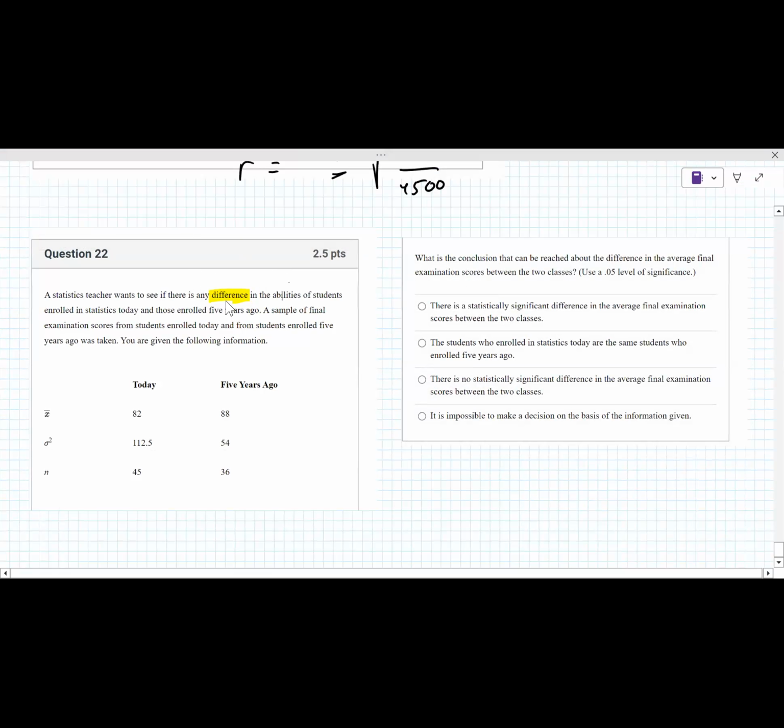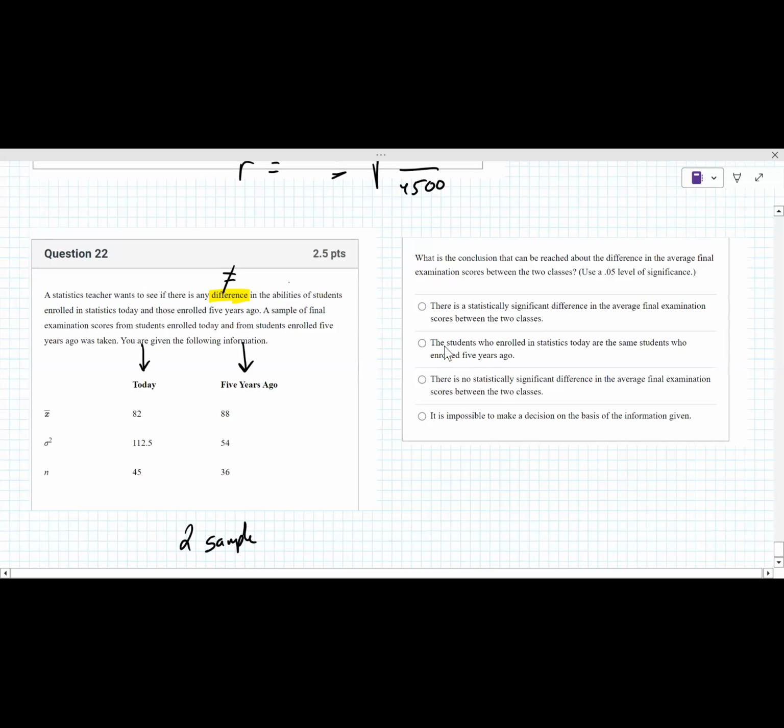Difference is a not equal to. That's really important because the p-value is going to determine the answer here. Are you given one sample or two samples? Two. So this is a 2 sample.